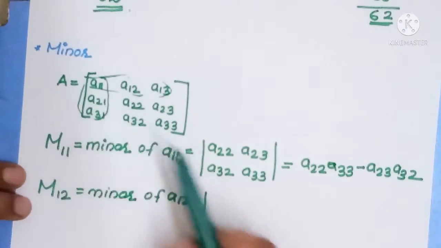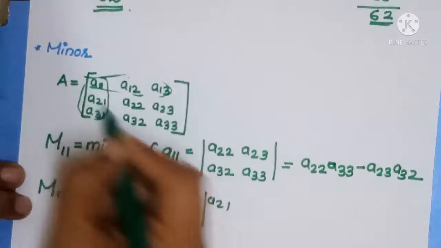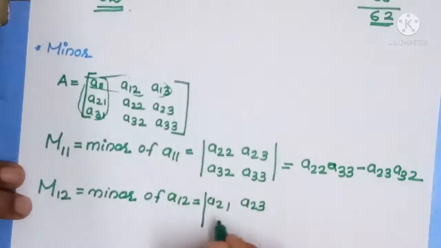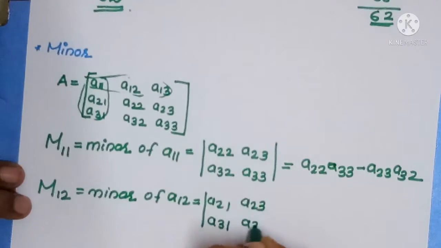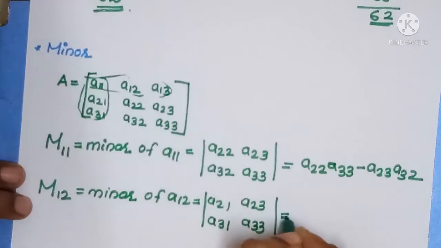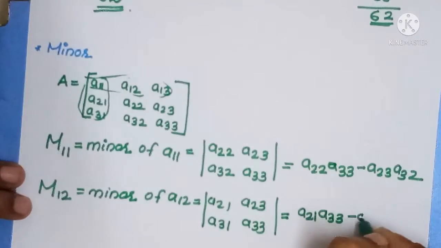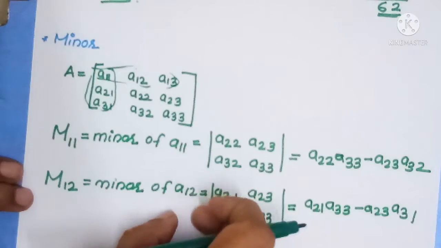So the remaining numbers become A21, A23, A31, A33. Then find out the determinant value: A21 into A33 minus A23 into A31. So this value becomes the minor of A12.